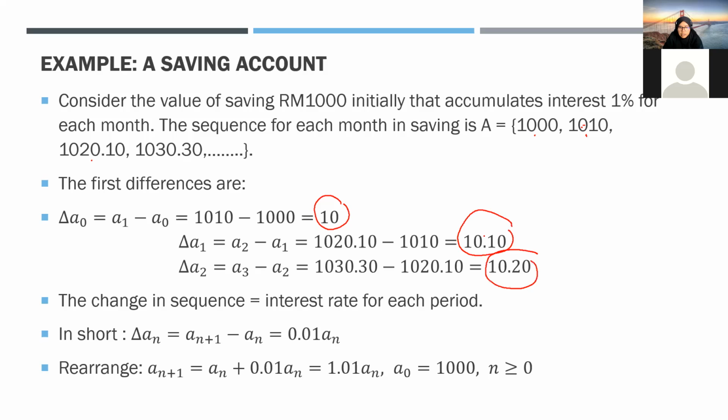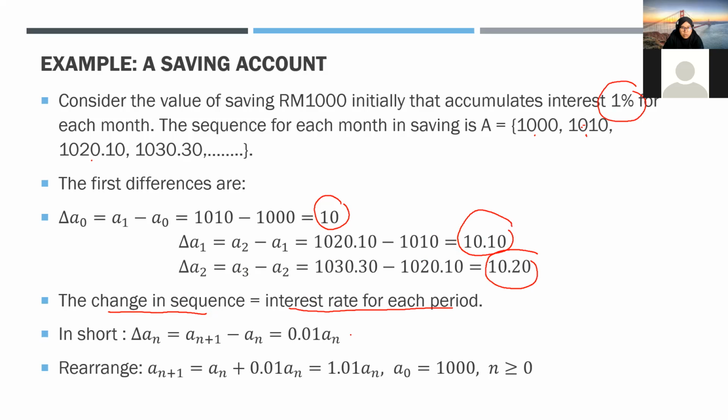And you can expect that the next will be 0.30, 0.40, and so on. So you can see that the increment is quite constant. So the change in the sequence is the interest rate for each period, which is 1%.